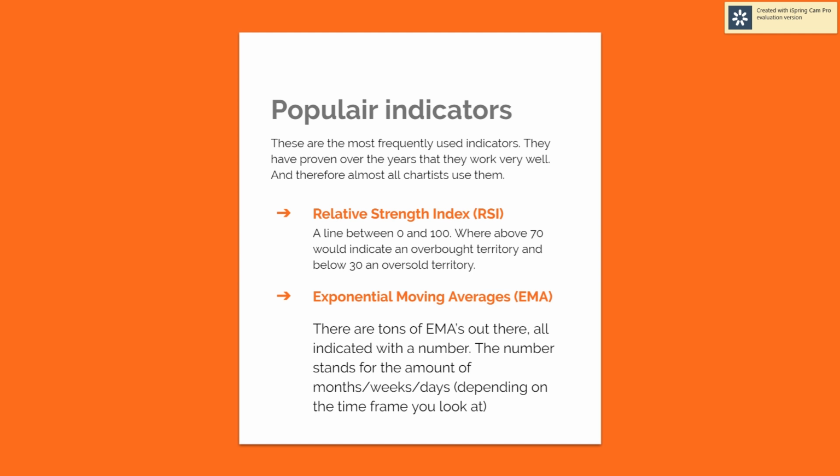If we are looking at the daily time frame, the EMA line we see is 21 days of trading action, and then there's some calculation going over that because it goes exponential. So the first day of trading action has less weight than the last day of trading action.